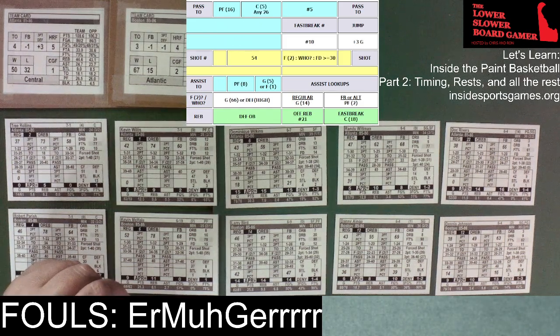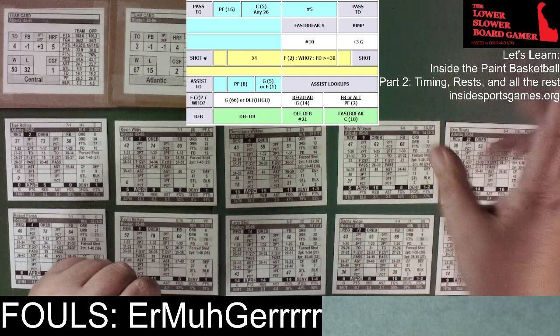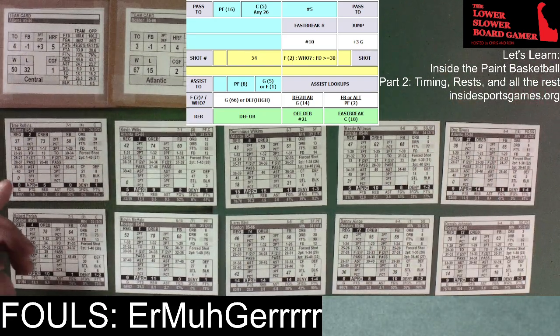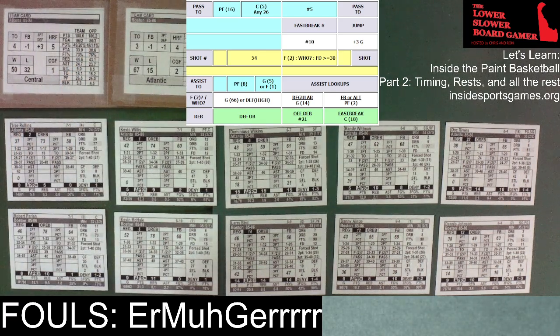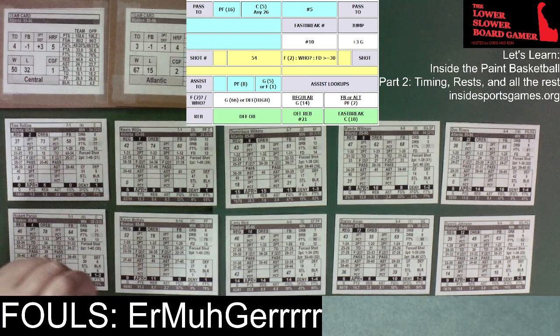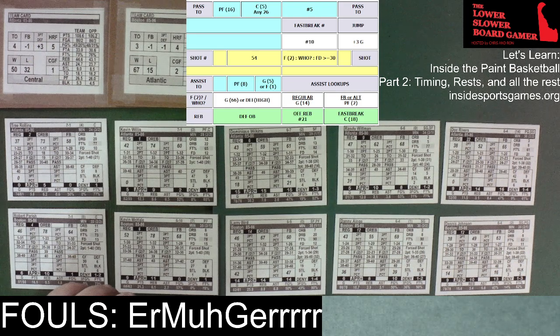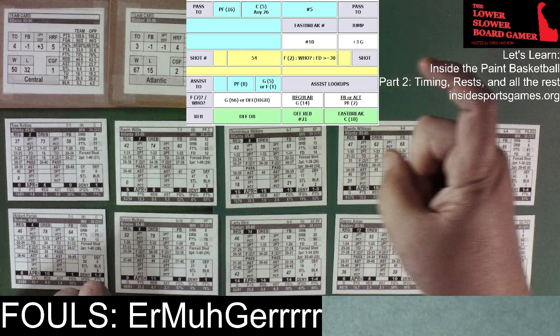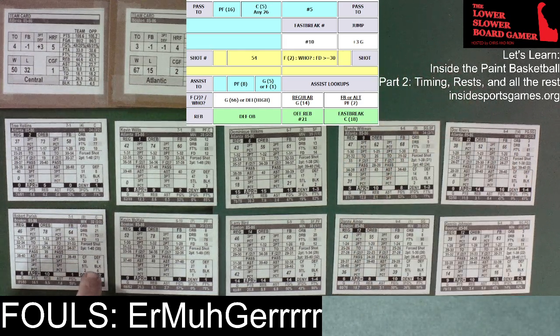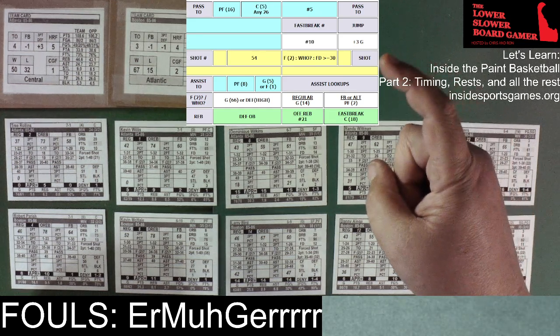Now let's go with the big fouls. Let's start from the beginning. Pass 2. Larry Bird doesn't have a go-to of 16, so we go to the secondary one: Robert Parrish, center 5, who has a go-to of 6. Say we flipped the card and now we have this F2 and who. The foul draw has to match the player who is making the action. Robert Parrish only has a 13; he does not have the 30 or greater required.